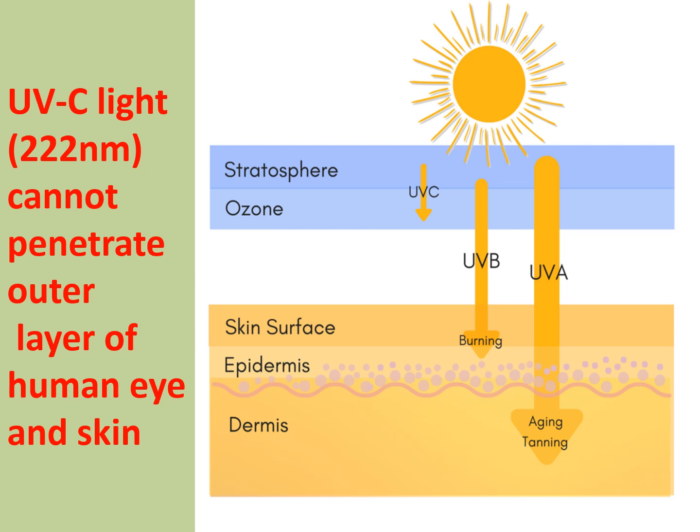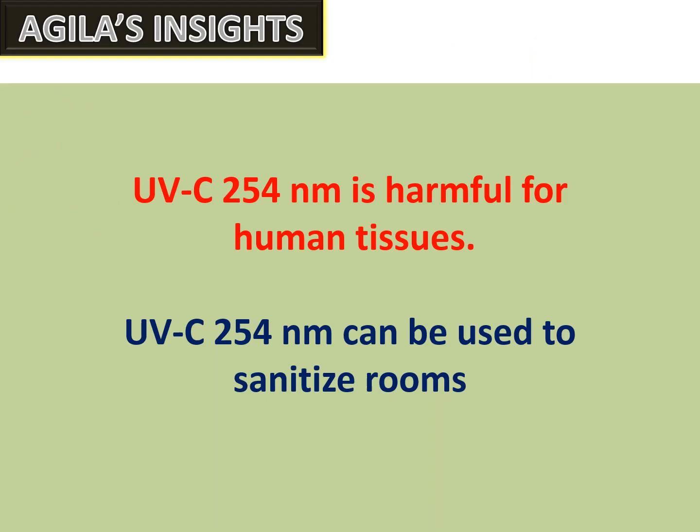Hence, UVC at the wavelength of 222 nanometers is said to be safe for humans. UVC at the wavelength of 254 nanometers is harmful for human tissues. Hence, this UVC at the wavelength of 254 nanometers can be used to sanitize the rooms.